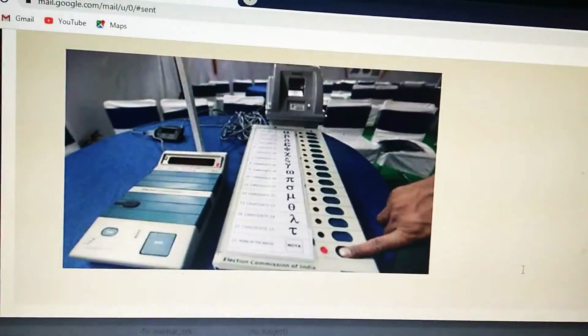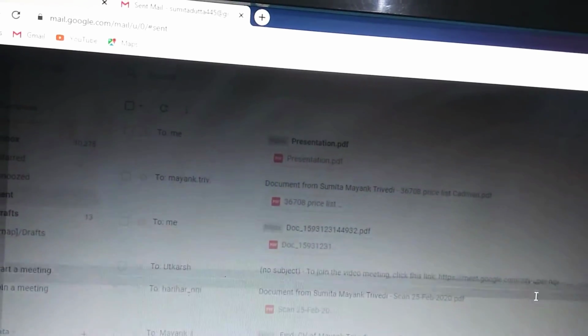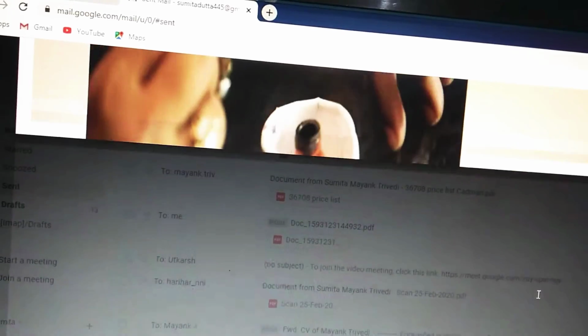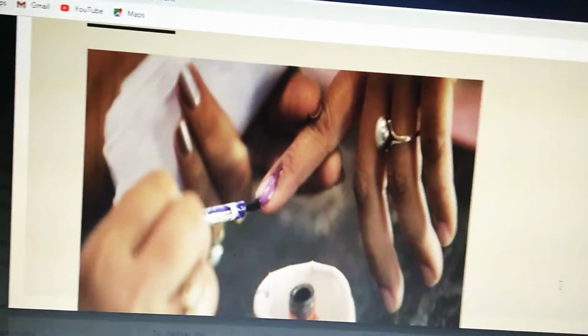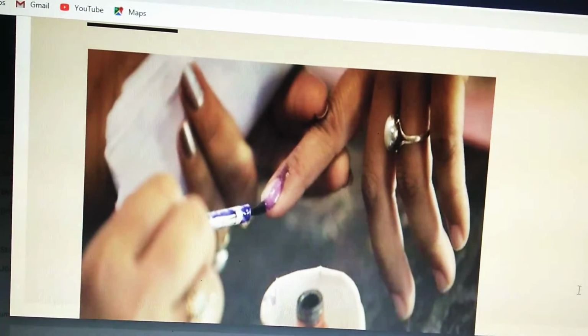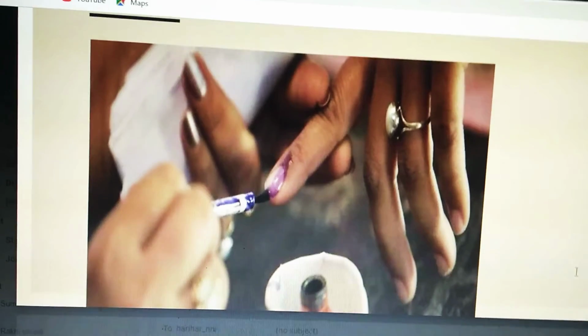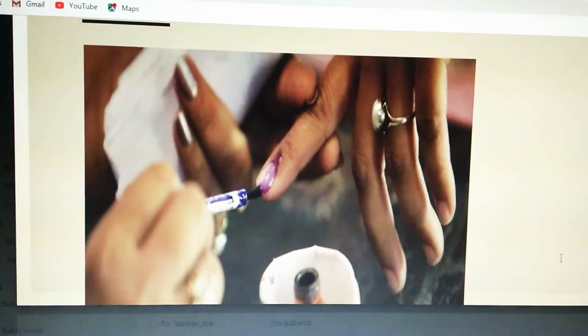It is said to be unbiased, and we can straight away vote through this machine. And we have universal adult franchise too. That is, all Indian citizens 18 years of age or above have the right to vote. When you become 18 years of age, you can go for voting.